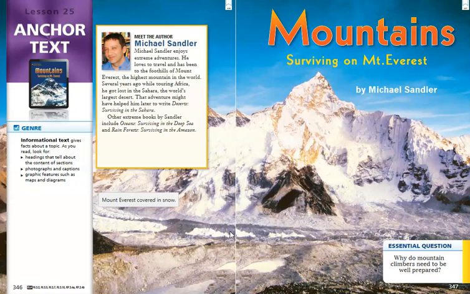Before we get started, where would you rather be stuck or lost? Would you rather be lost in a desert, the largest desert on Earth, perhaps? Or in the ocean, in the rainforest, or on top of a mountain like Mount Everest that's covered with snow and freezing?